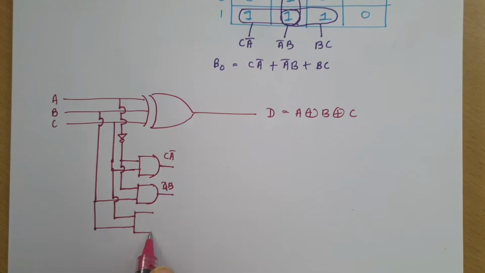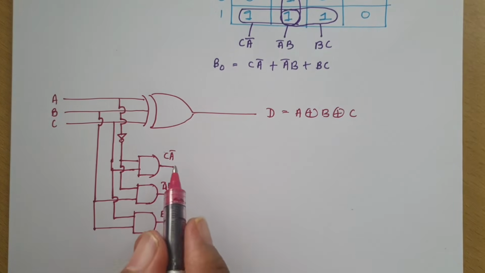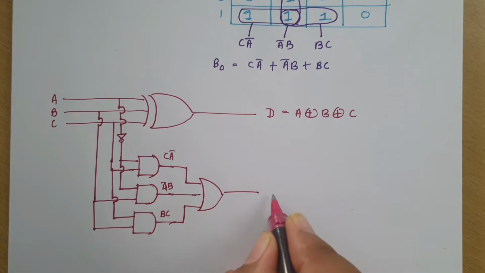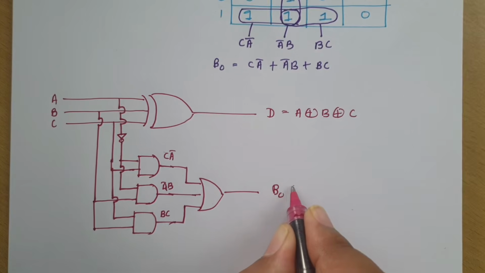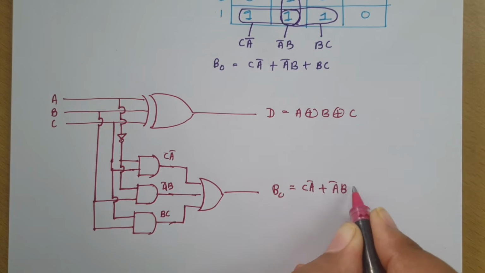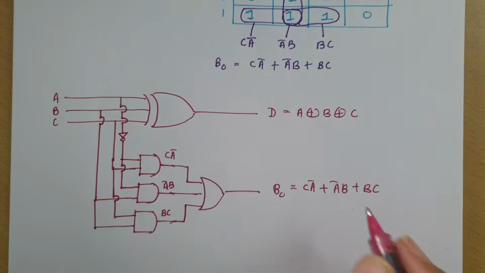So this is BC. Now if you do the ORing operation of all three, this is borrow B0, that is C A bar plus A bar B plus BC. So that is how we can make the full subtractor circuit.